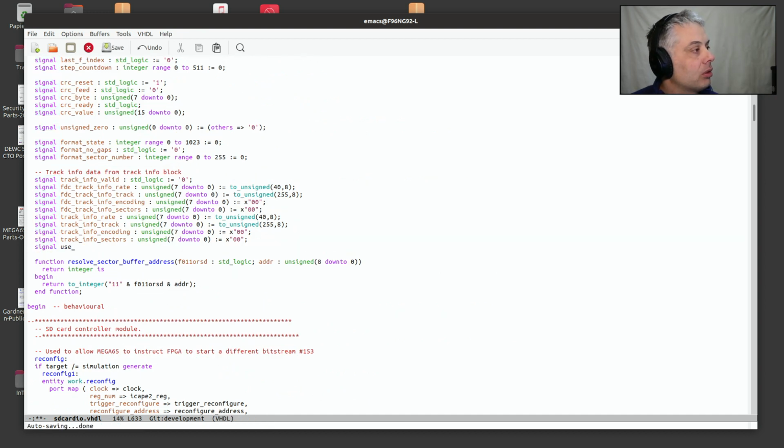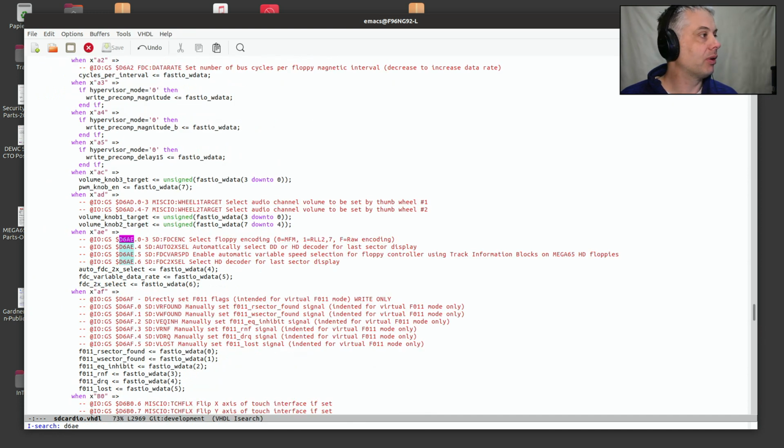Signal use TIB info. This is important because when you want to format a disk, for example, we want to use the correct information. And if you're trying to do a high density disk, you want to be able to change that. What's interesting is if this flag is set and you try and format a track, it'll try and format the track using the same parameters as before, which is actually probably a sensible thing.